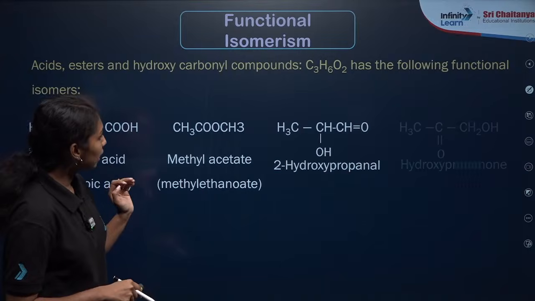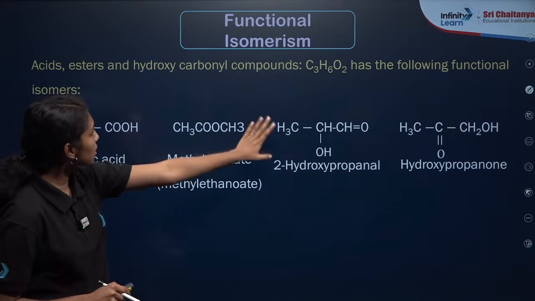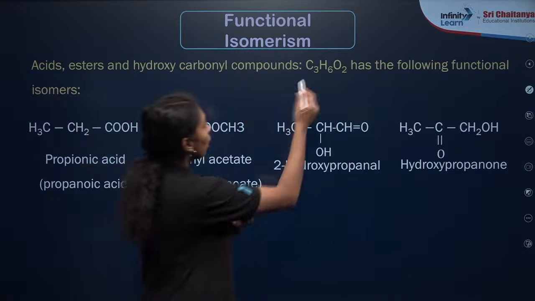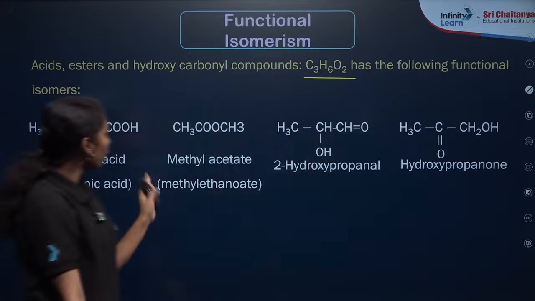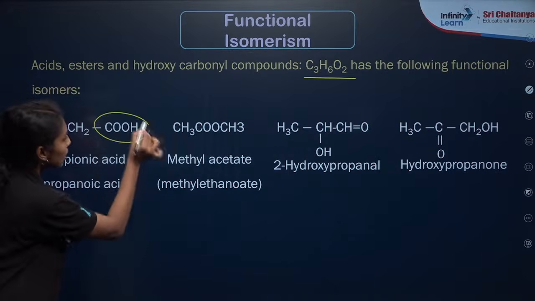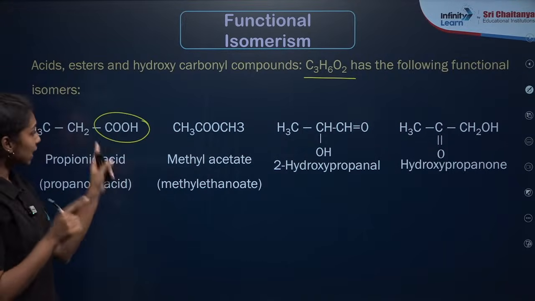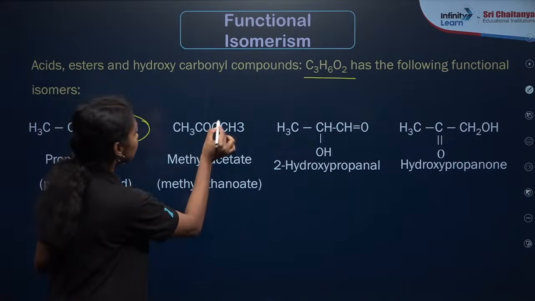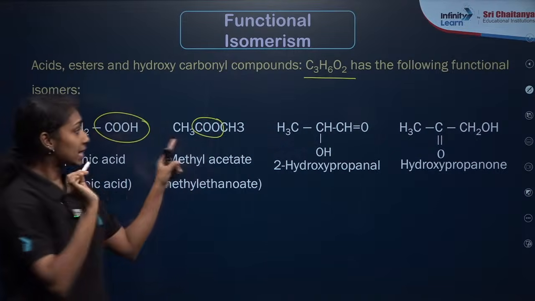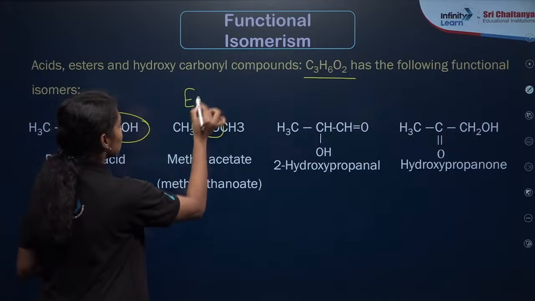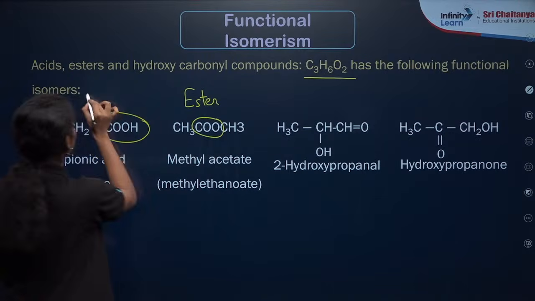Again, some examples are given here for functional isomerism. Now the molecular formula is C3H6O2. What you are observing here is another functional group known as carboxylic acid, and here it is C double bond O, COO, known as the ester group. This is ester. This is carboxylic acid.